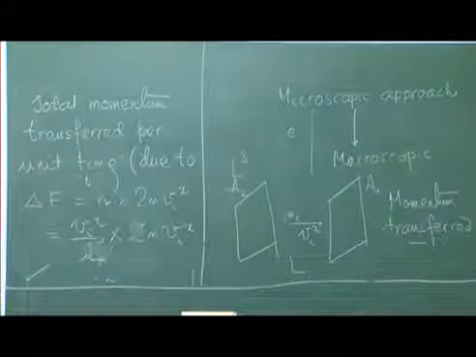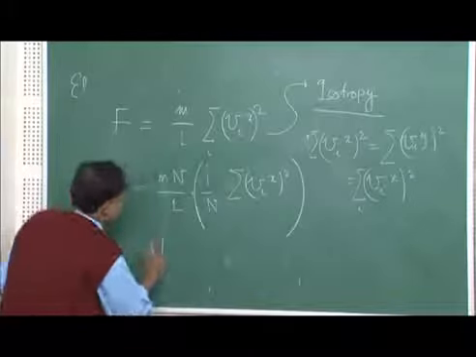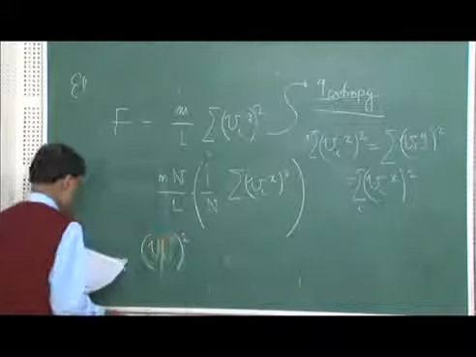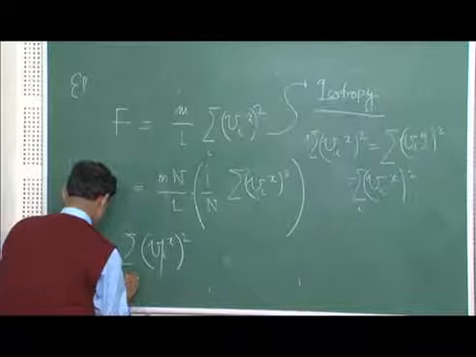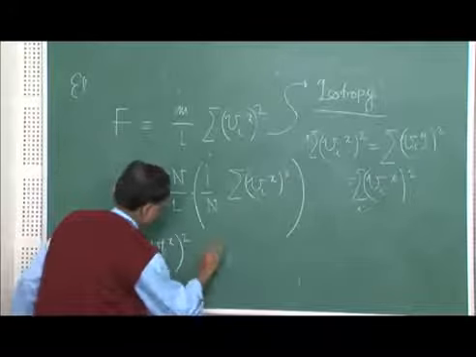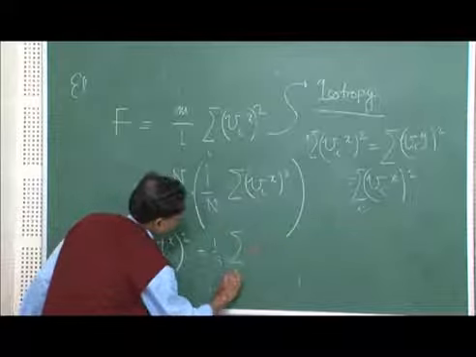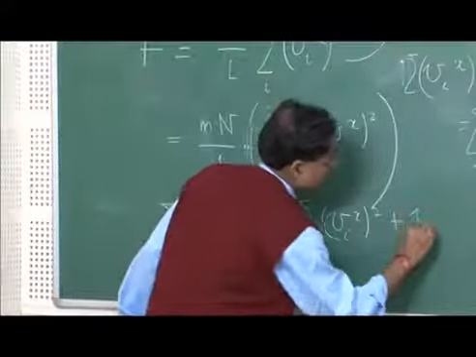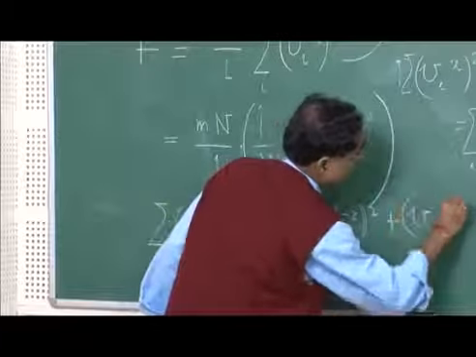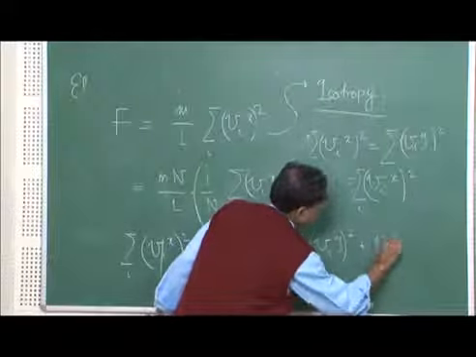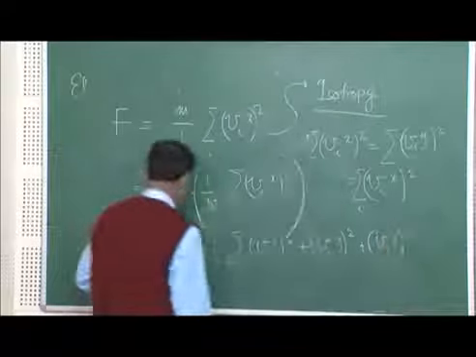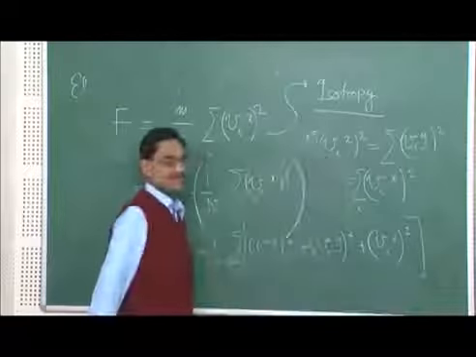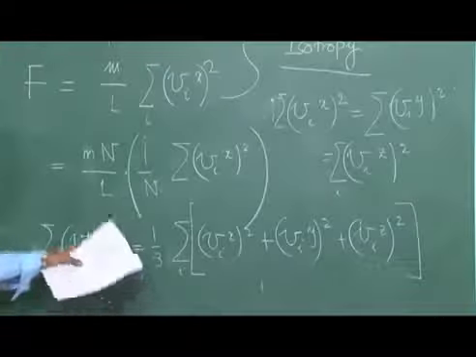Since these three are equal, I can always write the sum over i of Vi x square as equal to 1/3 of the sum over i of Vi x square plus Vi y square plus Vi z square. All I have used is that I have added the same thing 3 times and divided by a factor of 3.